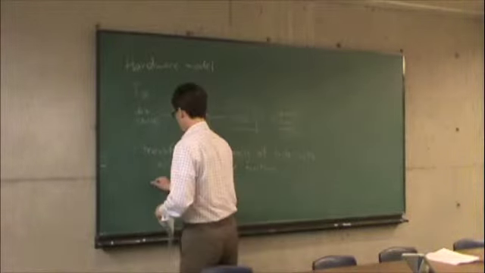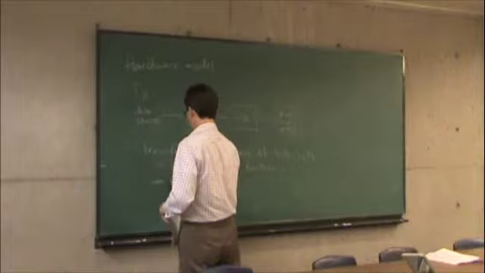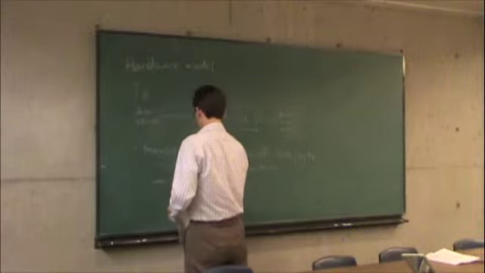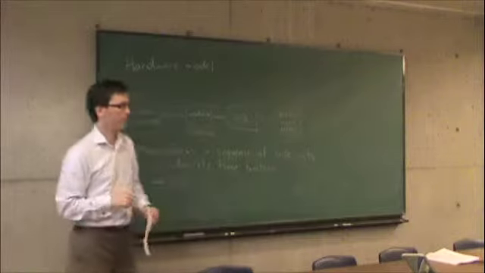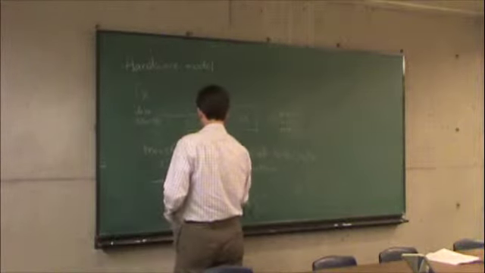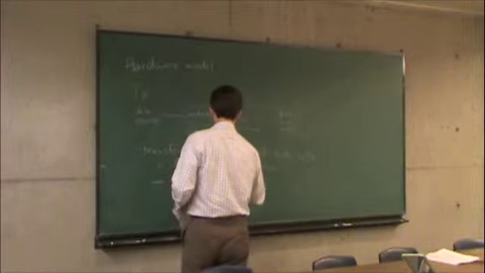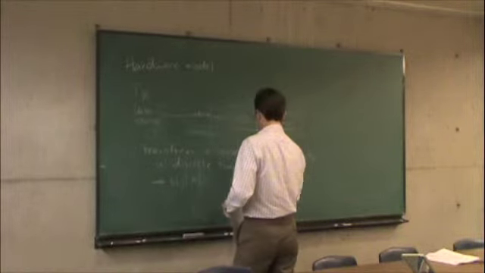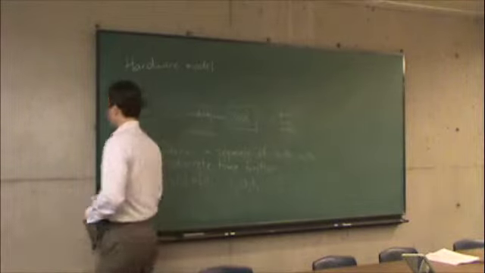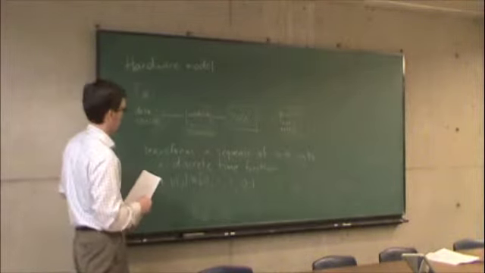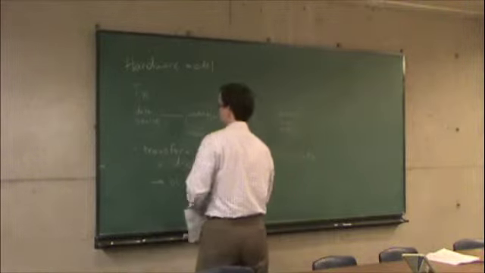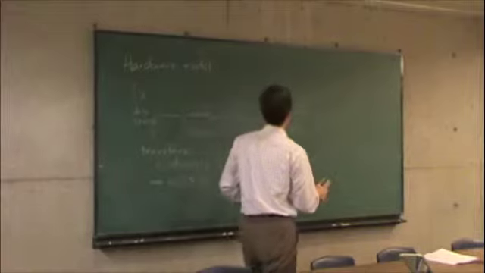So we have a sequence, I'm going to use the notation j for this, b_j. So b_j is a sequence of bits. For example, this could be 0, 1, 1, 0, 1, and so on. This is from the data source, and our job is to basically transform that into something that can be transmitted.